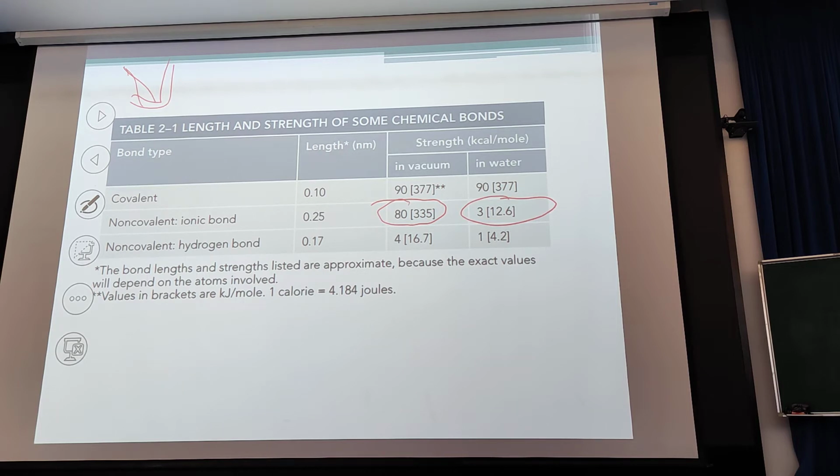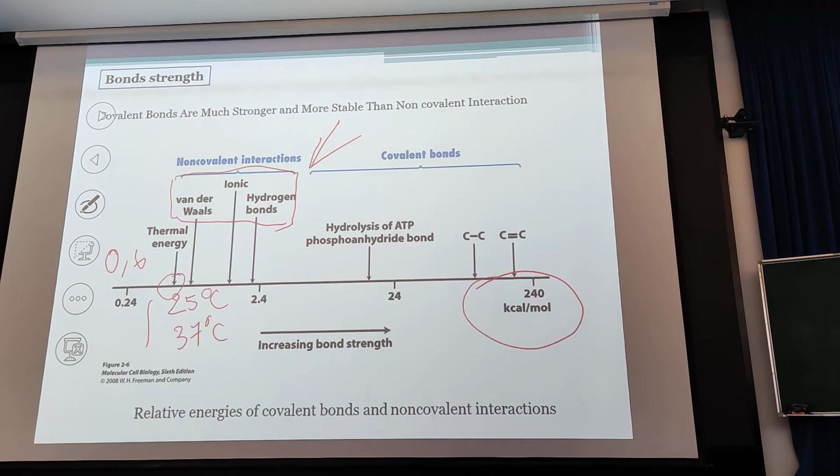So in biology, we put the ionic bond in the weak bonds, because 70% of living organisms is water. So in an aqueous environment, ionic bonds are weak bonds.